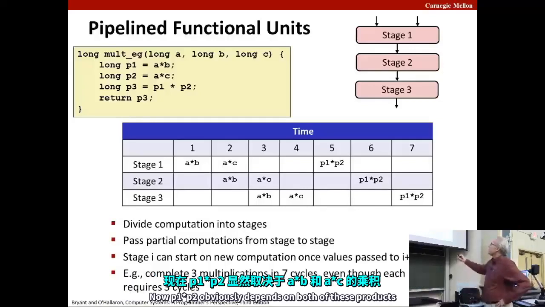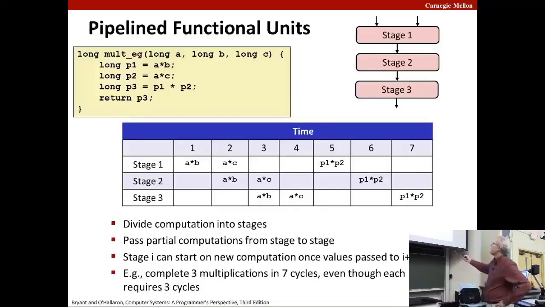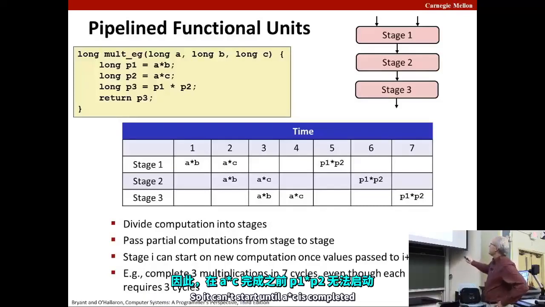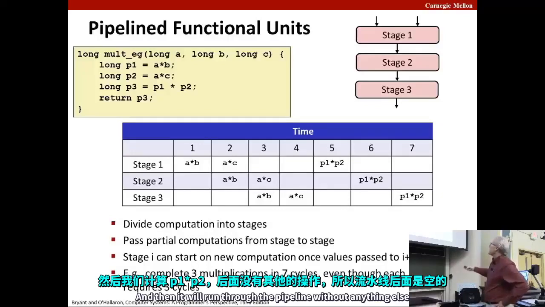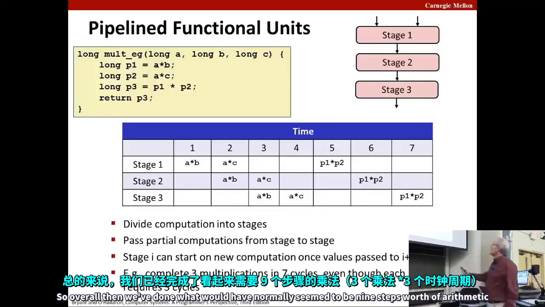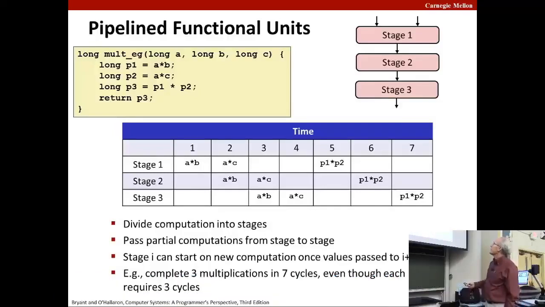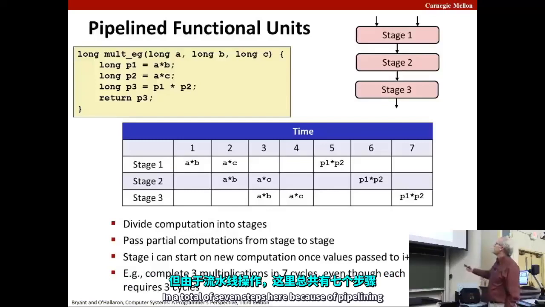Now, the product of A times B and A times C obviously depends on both of these products, so it can't start until A times C is completed, and then it will run through the pipeline. Overall, we've done what would have normally seemed to be 9 steps worth of arithmetic in a total of 7 steps because of pipelining.